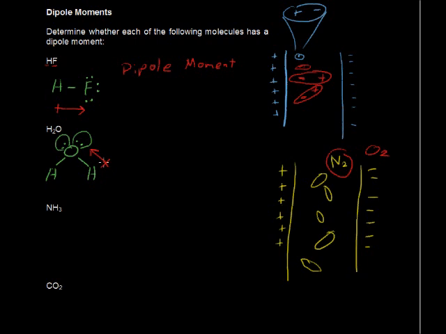This vector again means pointing toward the atom or the position in the molecule that is more electronegative.